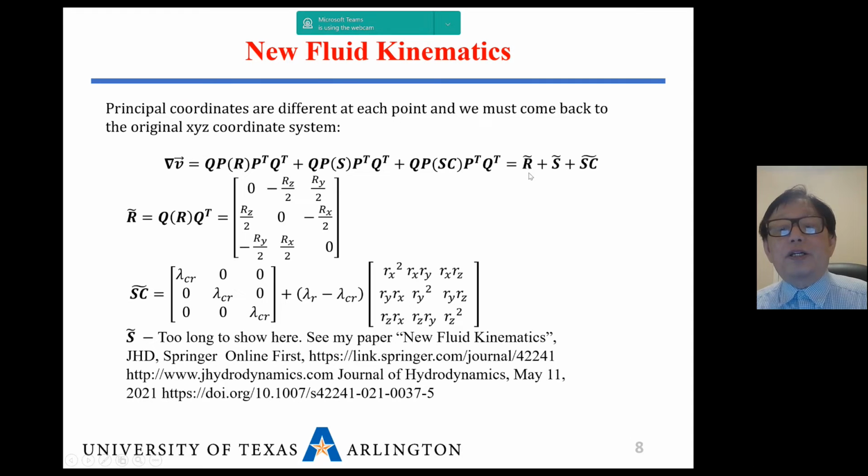We call them R tilde rotation, S tilde shear, and SC tilde stretching and compression. The rotating part is easy to get. SC we can get as well, which has two parts. If you don't have Liutex, don't have vortex, don't have rotation, this part will be zero. S is more complicated. You can see our recent paper called Liutex new fluid kinematics, published in JFM.